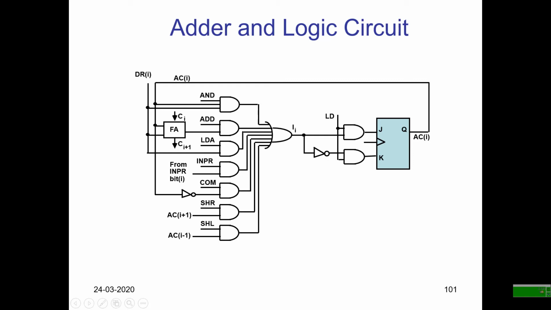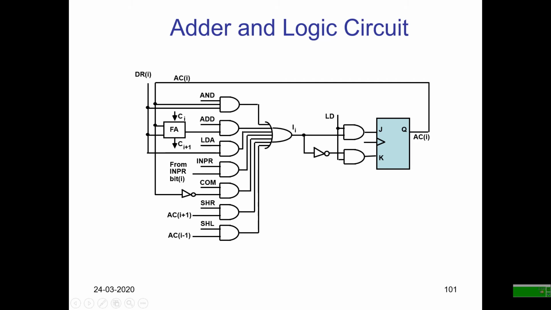Suppose you want to perform an AND operation, then the AND operation requires three inputs: your AND signal, then the accumulator and DR. Here i represents the value from 0 to 15. That means a total of 16 bits, so it requires a 16 bit operation.